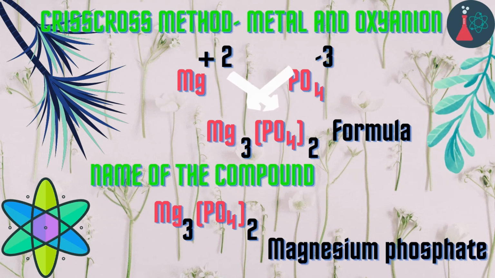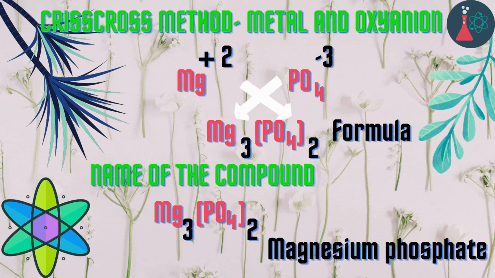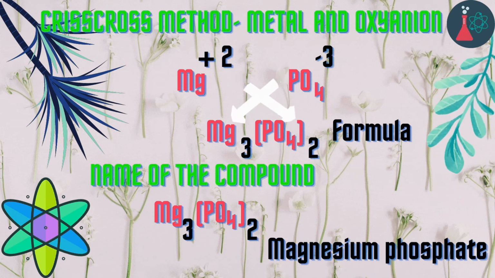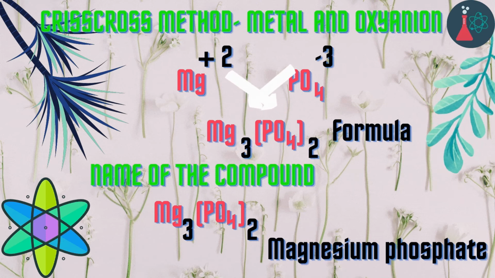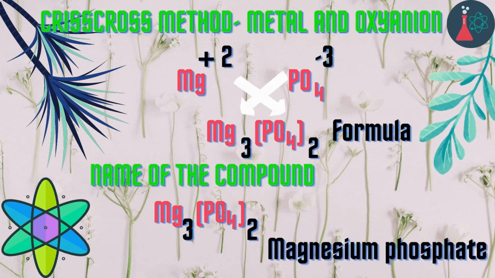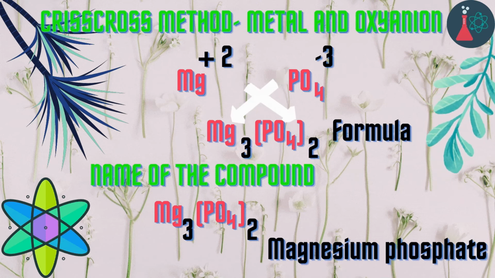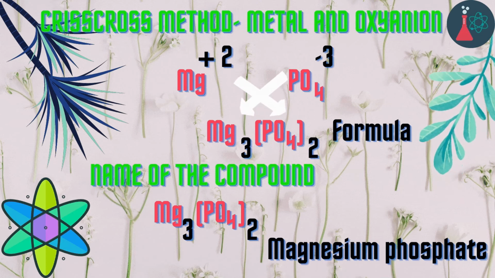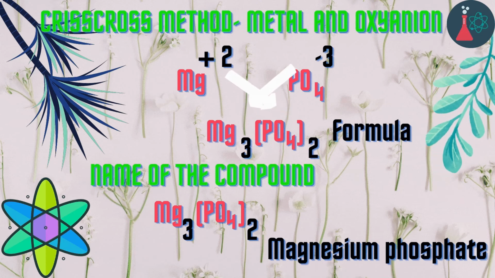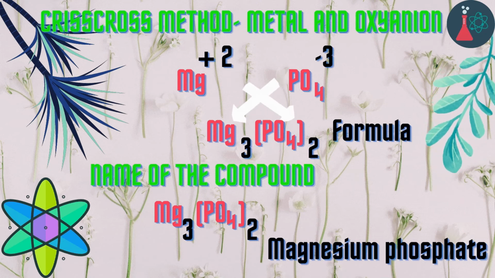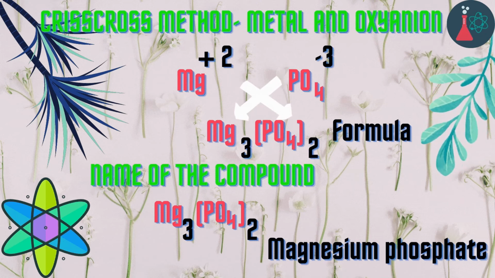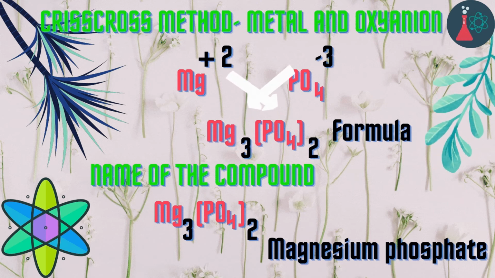So the correct formula will be Mg3(PO4)2. The 3 here came from the oxidation number of PO4, negative 3, and the 2 here came from the oxidation number of magnesium. You just have to cross their oxidation numbers, giving the correct formula Mg3(PO4)2.